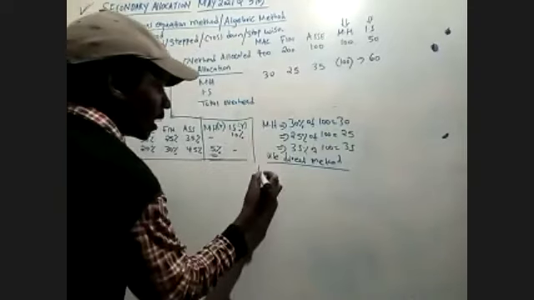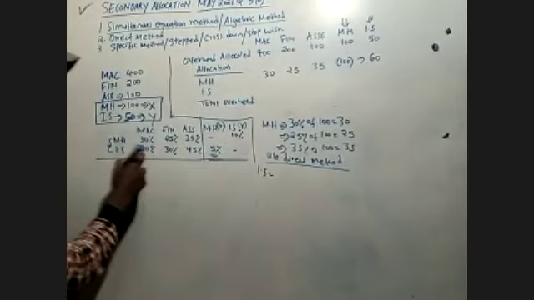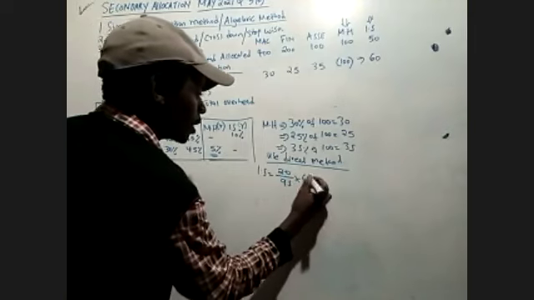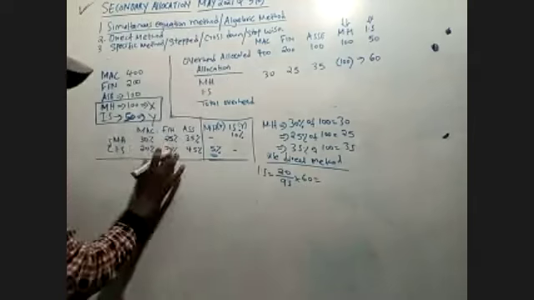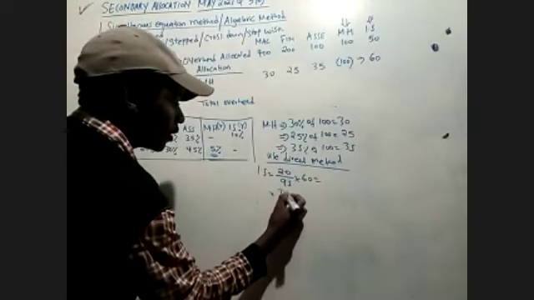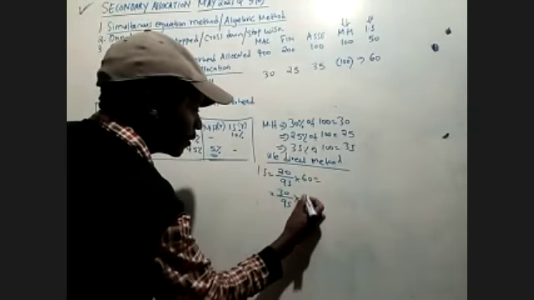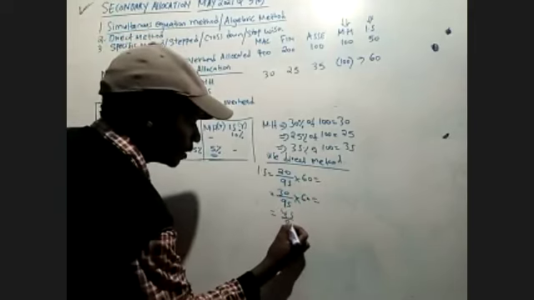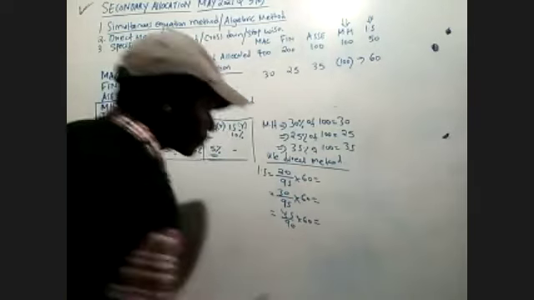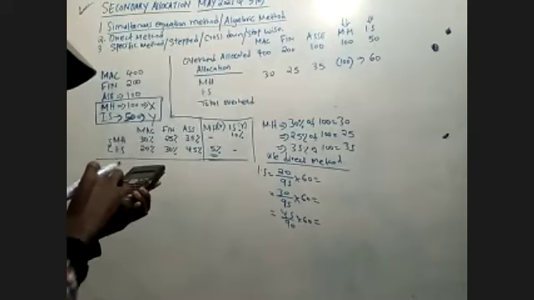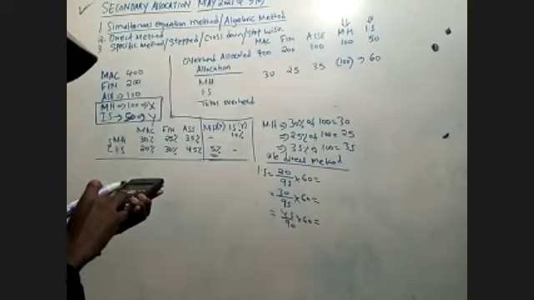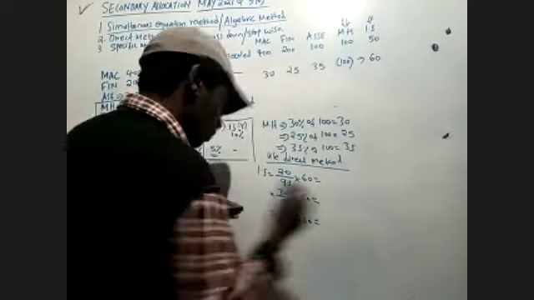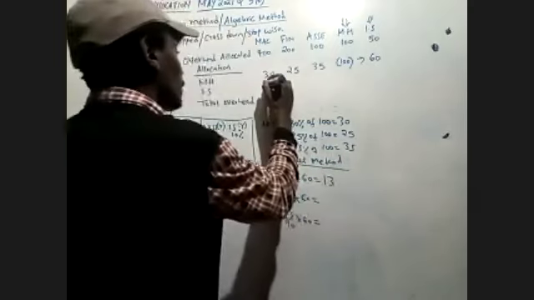So tunasema IS ni ngapi? 20% of 20 over 95 times 60. So tunatumia direct method. Ya pili 30%, 30 over 95 times 60, ni ya mwisho 45 over 95 times 60. So ni 20 over 95 times 60, which is 12 points, which is 13.